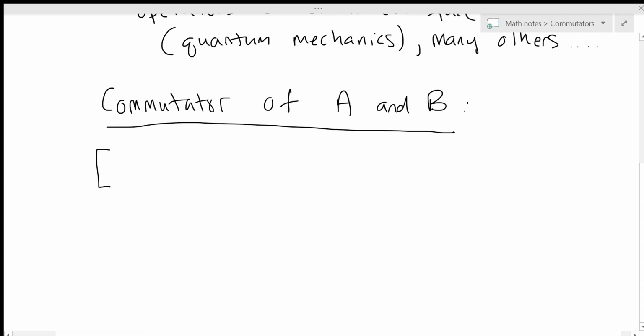Well, it's written with this square bracket notation, [A, B], and it's defined simply as the difference of A times B minus B times A. And if A times B is equal to B times A, then the commutator is equal to 0, but otherwise it's not 0, and it gives us useful information about how A times B differs from B times A.